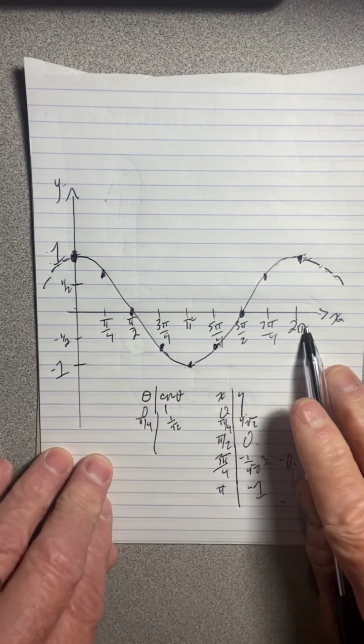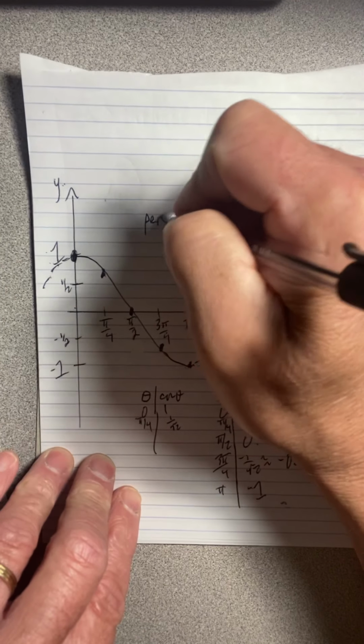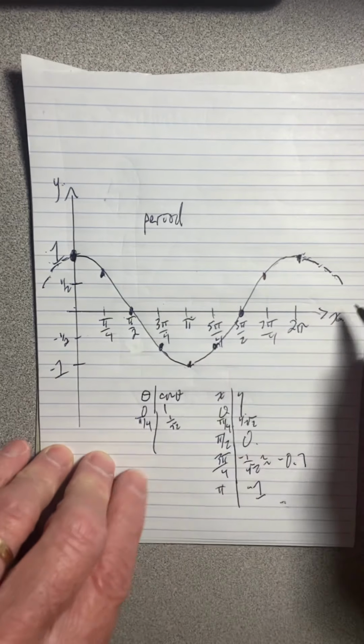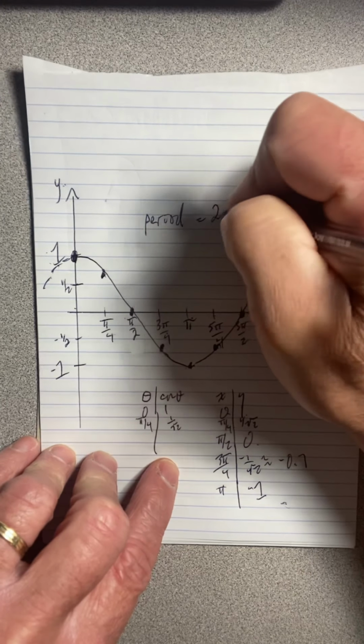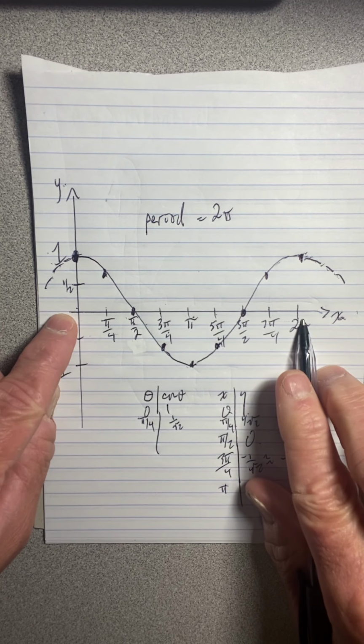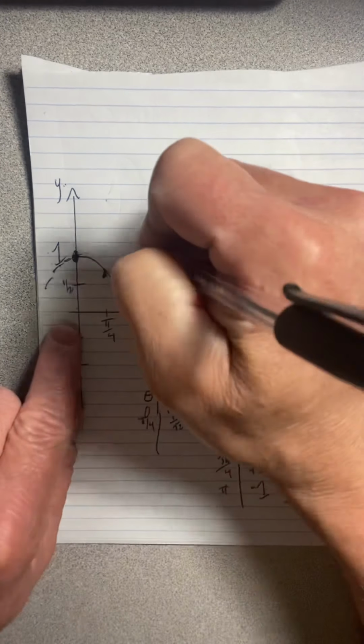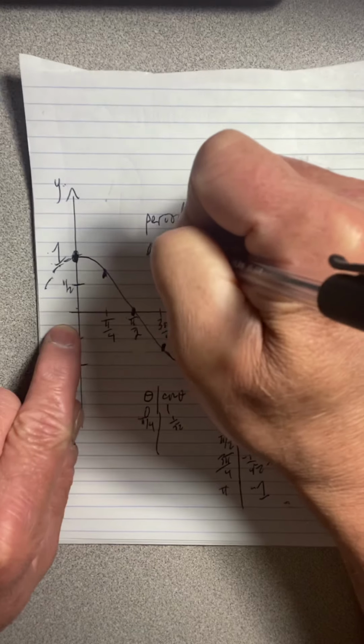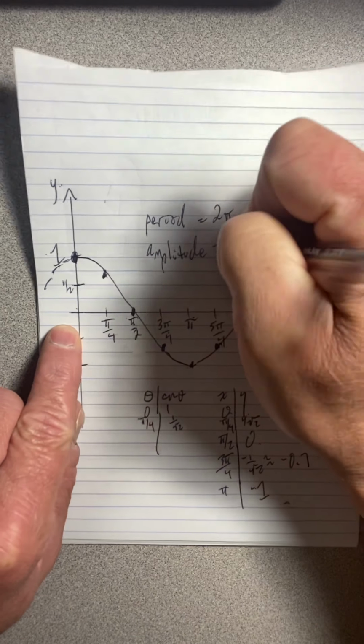So again, we see the period, I should call it the least period for technical reasons, but the period is 2 pi. It finishes a cycle over an interval that is 2 pi units long. And the amplitude is 1 unit.